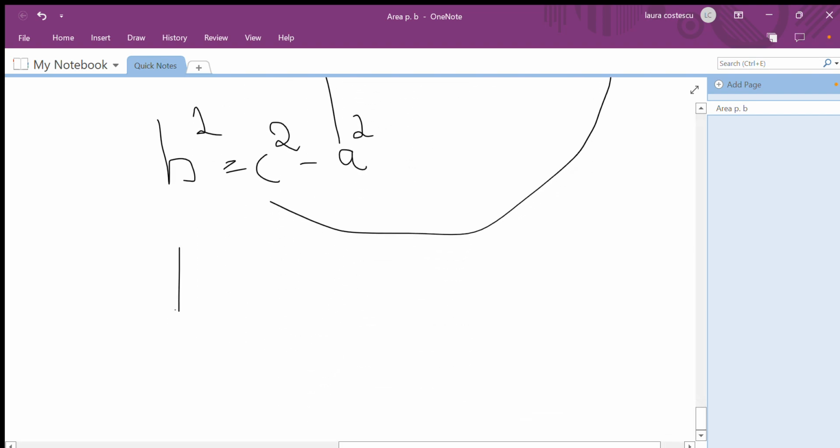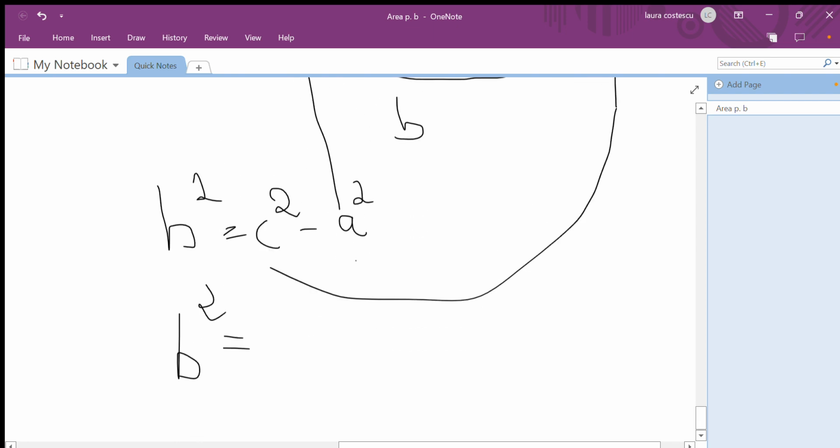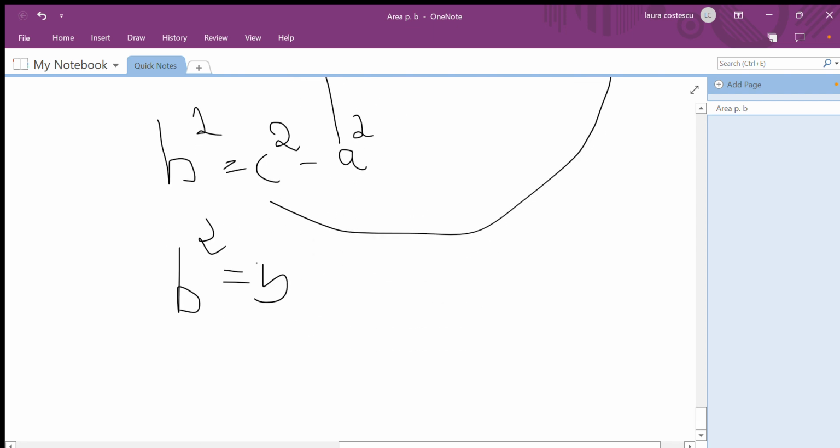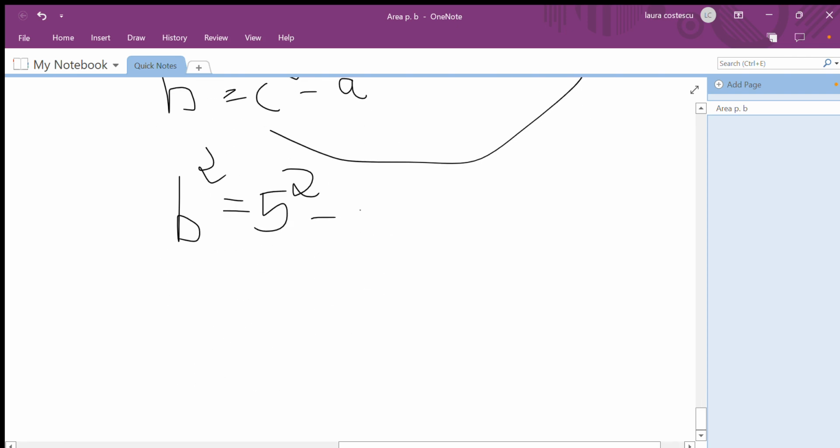Because it's the lower. So firstly, this will be equal to 5 squared minus 3 squared.